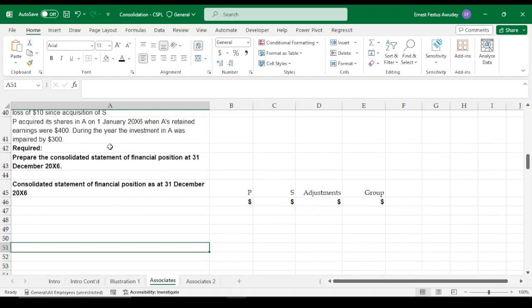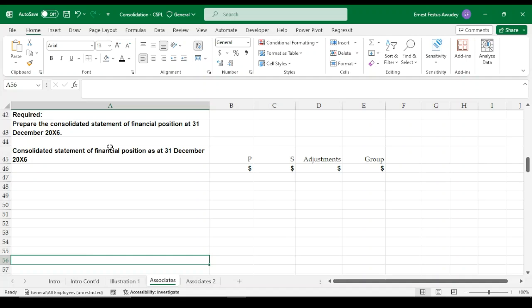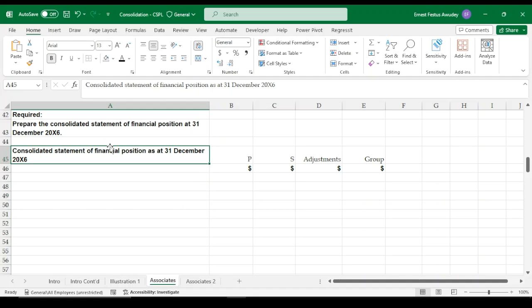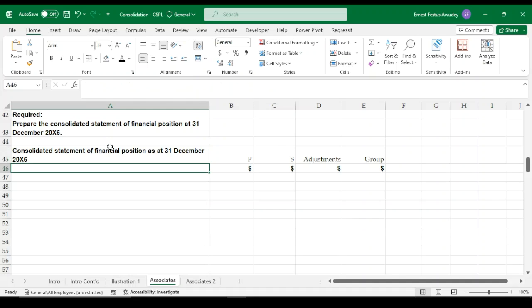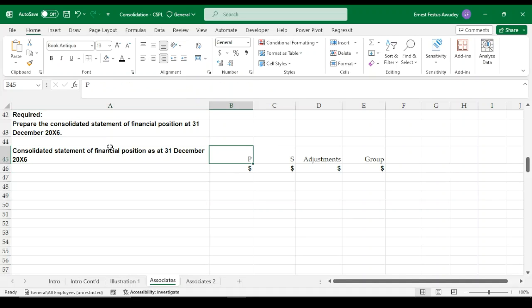So I have a pro forma consolidated financial position here as at 31st December 20x6. As I said, this is Excel presentation. When you are presenting in Excel, you have a column for the parent figure, a column for the subsidiary figure, then a column for adjustments, and then the group figure.